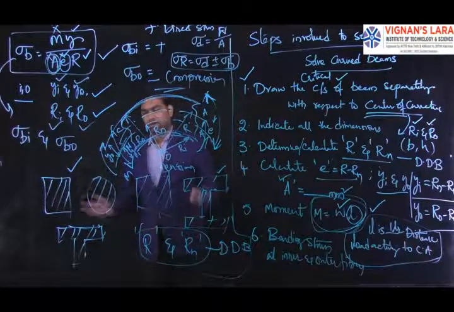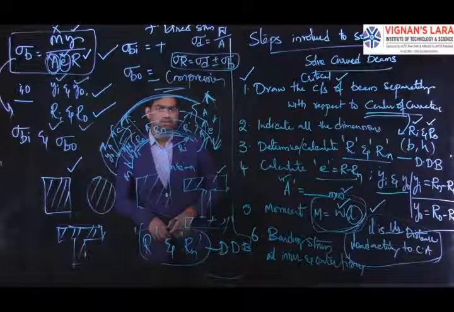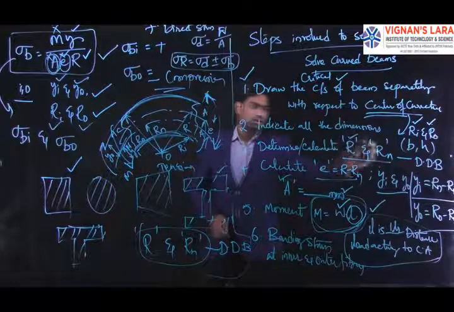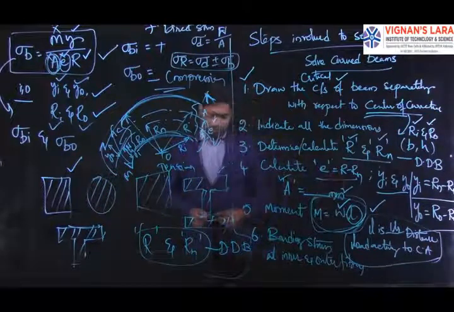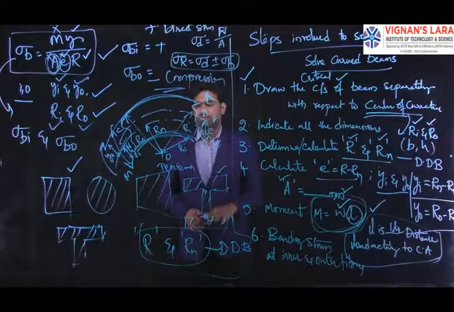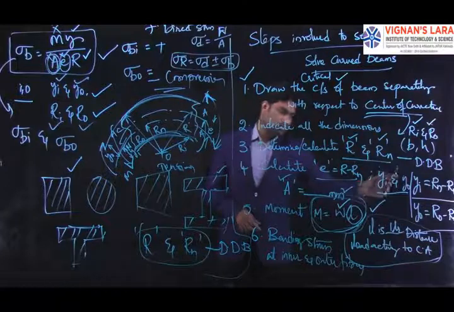For different cross sections of beams, there are different equations for the radius of curvature to the central axis and neutral axis, and for the offset distance between them, small e. Yi and yo we can find using these relations from the figure.